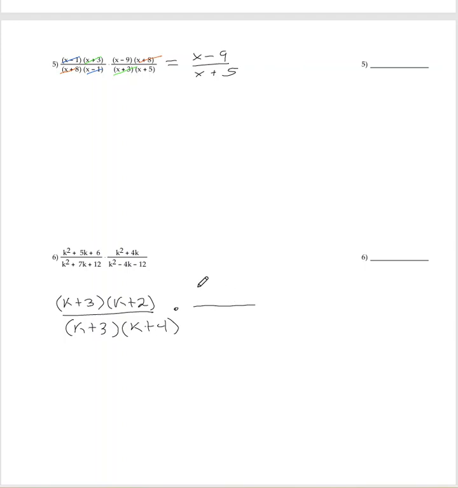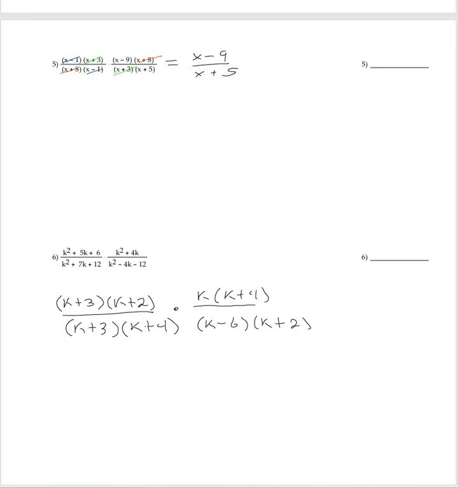K squared plus 4k, we have a common factor k. So we get k times k plus 4. And k squared minus 4k minus 12 would be k minus 6, k plus 2. Double check. Negative 6 times 2 is negative 12, negative 6 plus 2 is negative 4.